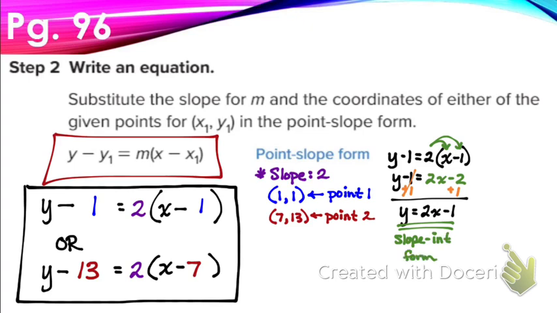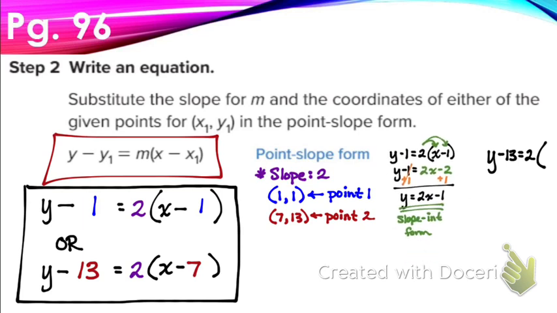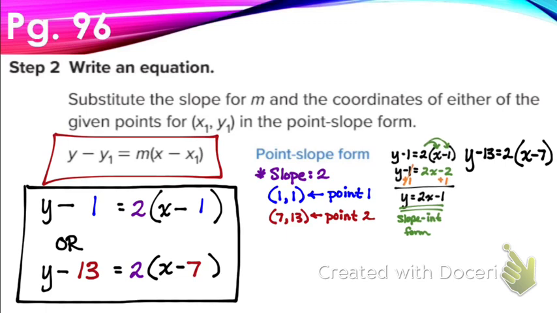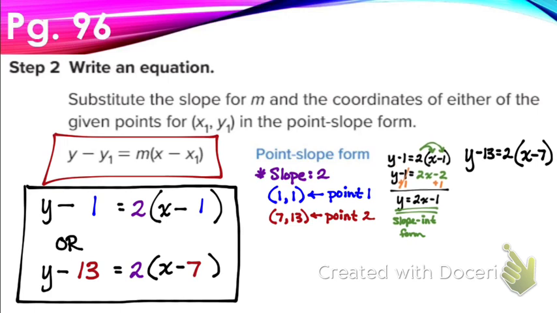Let's try the same thing with the other equation that we wrote. Y minus 13 equals 2 times X minus 7. What's the first thing I should do here? Multiply.